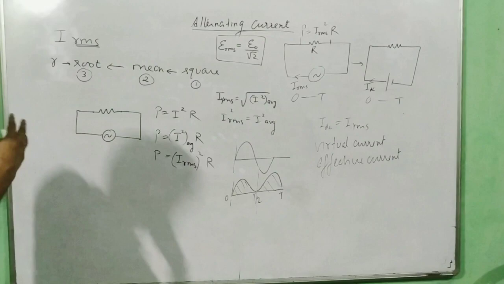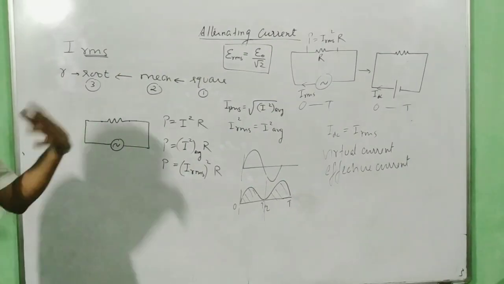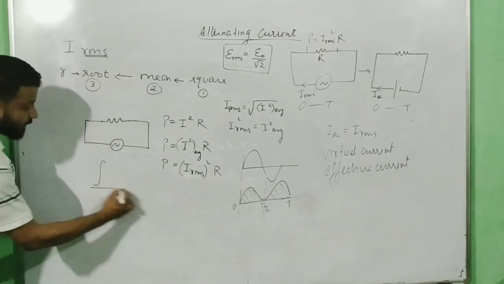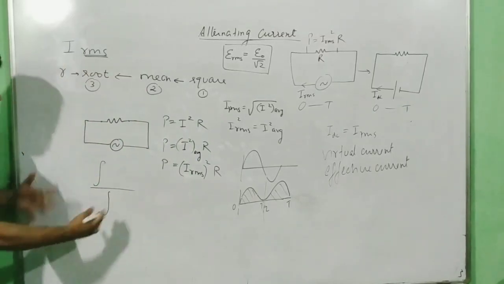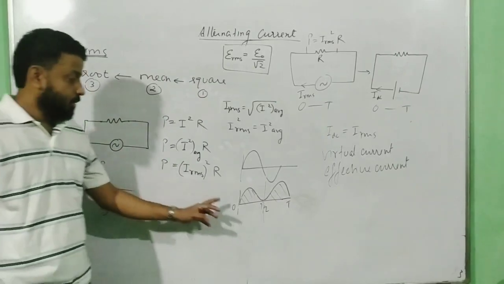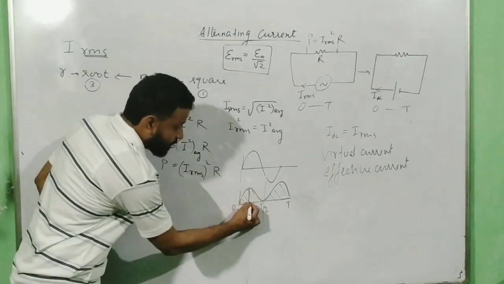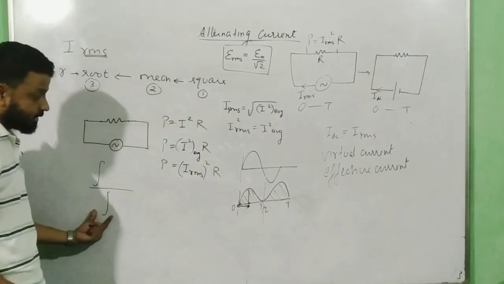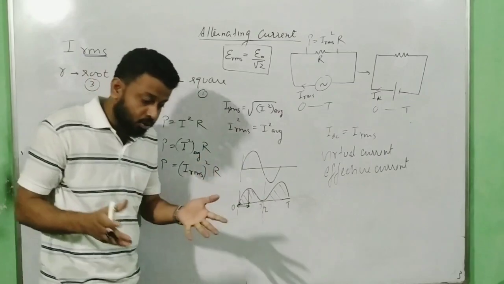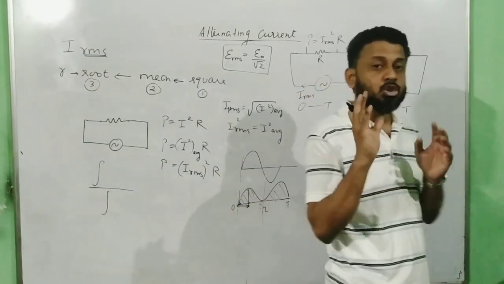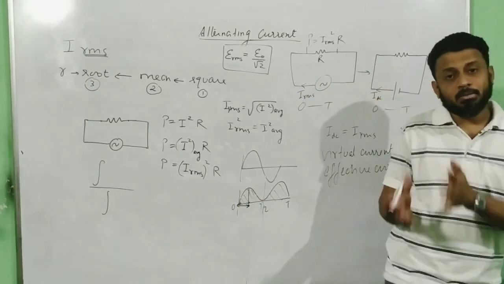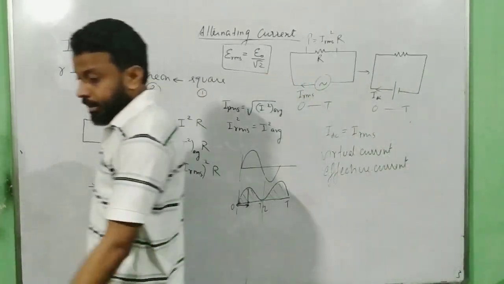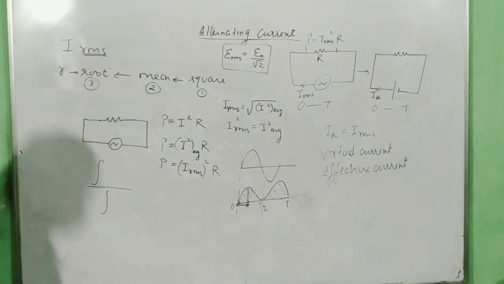So even if you derive it that way, you will get the same result, because every time you integrate, you are integrating at the top also and at the bottom also, to find the average. Even if you find it from 0 to t by 4, and then divide by that much base only, you get the same answer. So make a note that even though we have derived it from 0 to t, the result is the same even if you derive it from 0 to t by 2 or 0 to t by 4. That's the whole idea here.